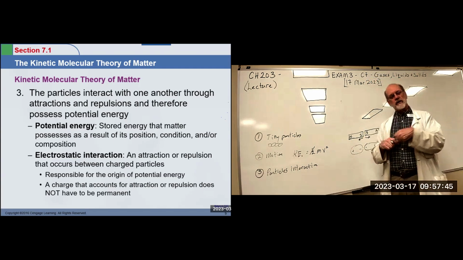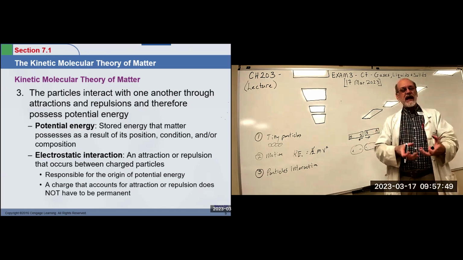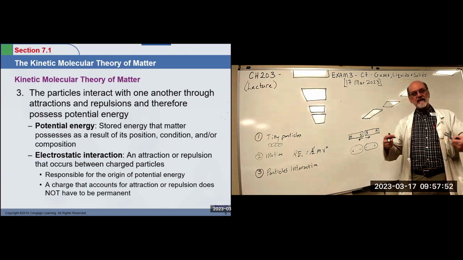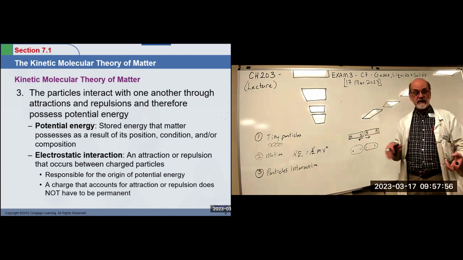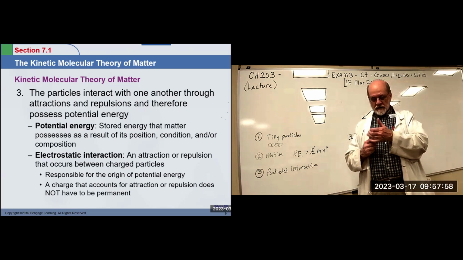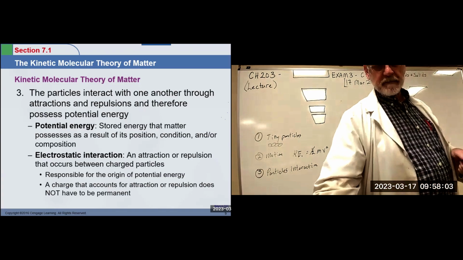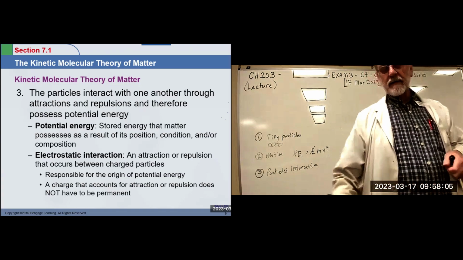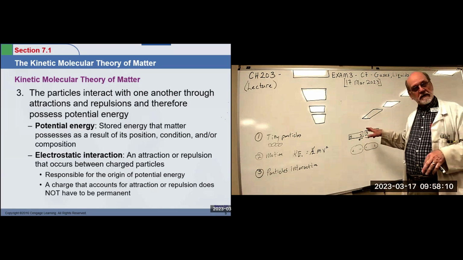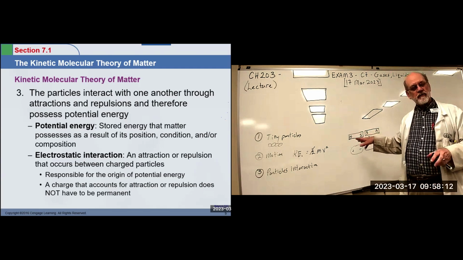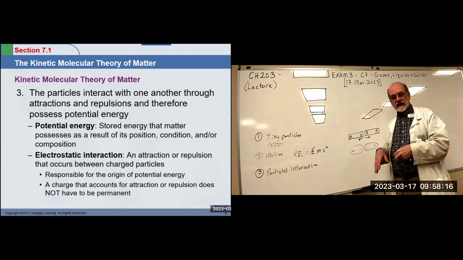Or if they're attracted to one another and you pull them apart, you're expending energy and storing that energy in that electrical field or magnetic field, as the case may be. And we might also add that on the molecular scale, these attractive or repulsive forces are not necessarily permanent. They can be temporary.